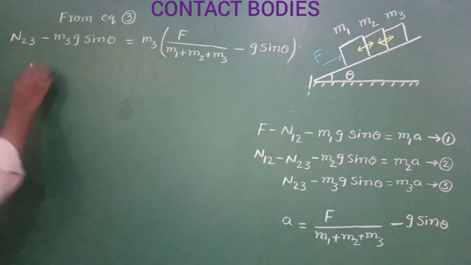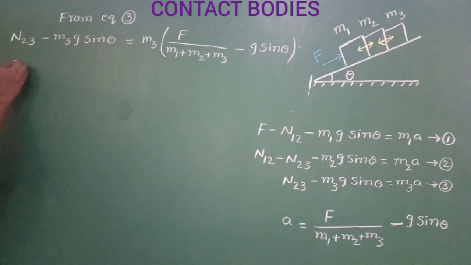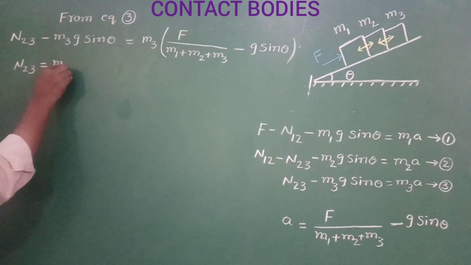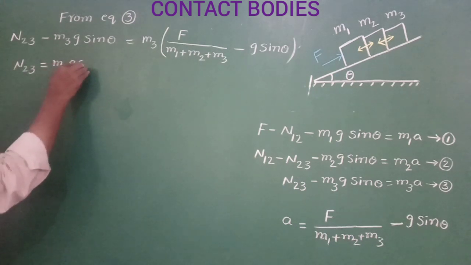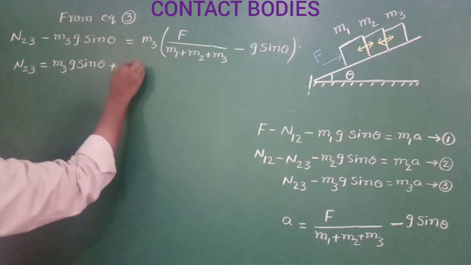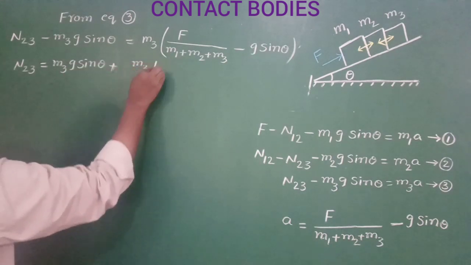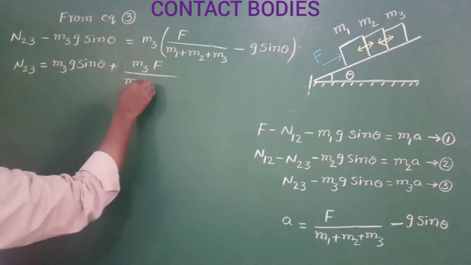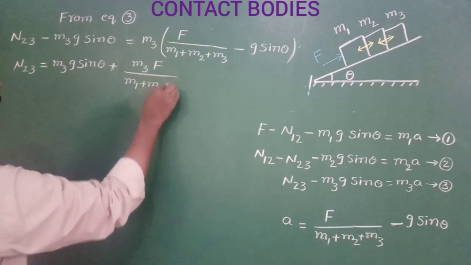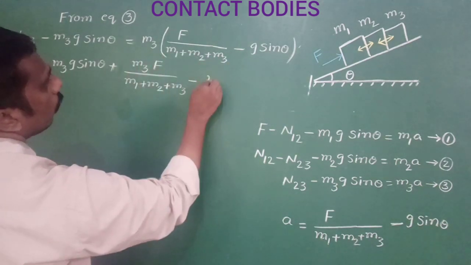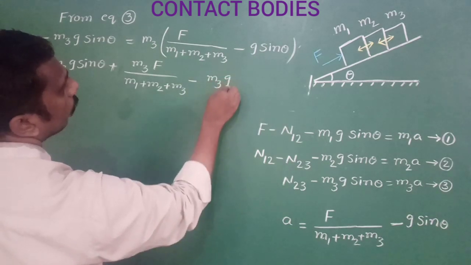Multiply the bracket with m3 and take m3 g sin theta to that side, then we get n23 is equal to m3 g sin theta plus m3 into F by m1 plus m2 plus m3 minus m3 g sin theta.